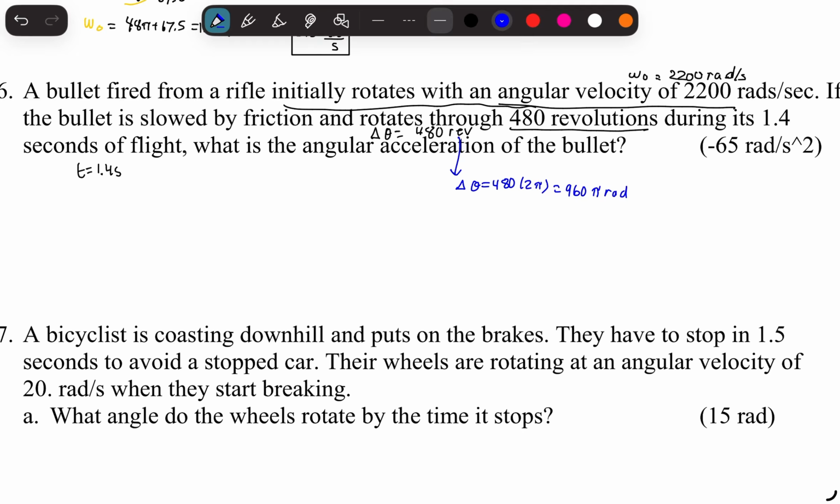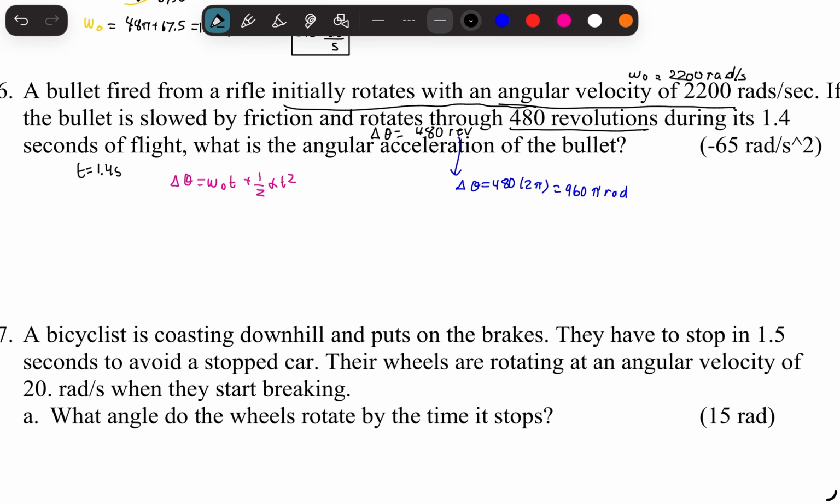Now, which kinematics equation can we use that has all of these things? So we know we have angular velocity initial, we have change in angular displacement, and we also have a time interval. Okay, so then that means that we have to use delta theta is equal to omega initial t plus 1/2 times angular acceleration times t squared.